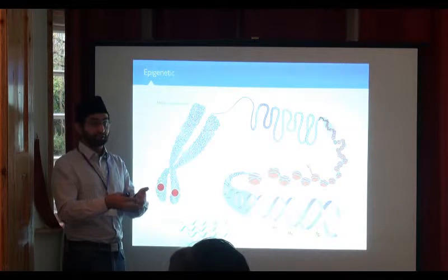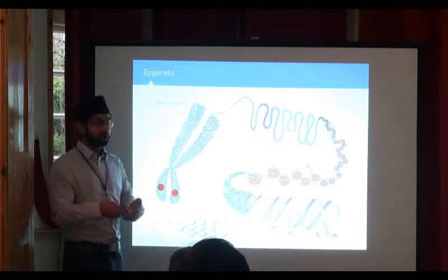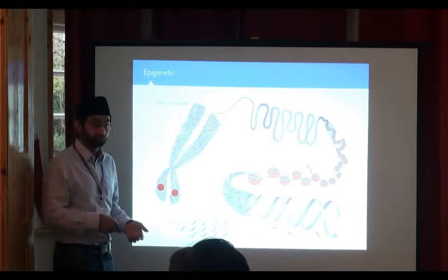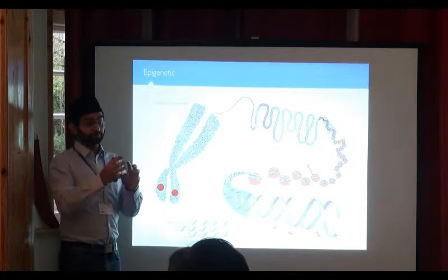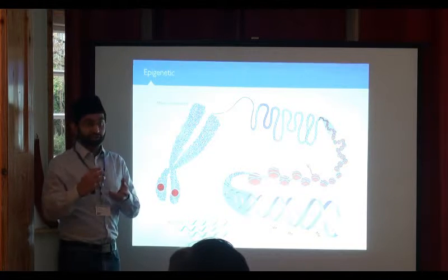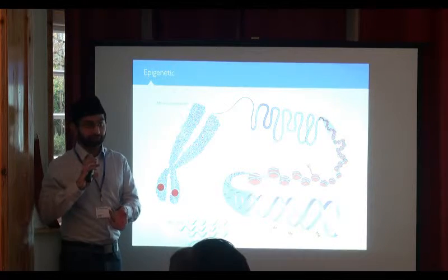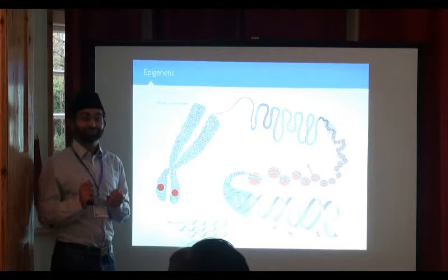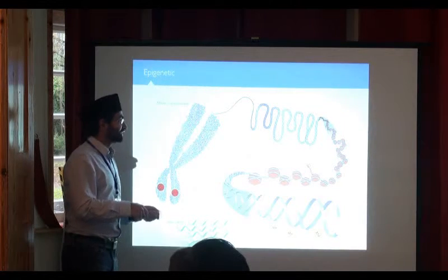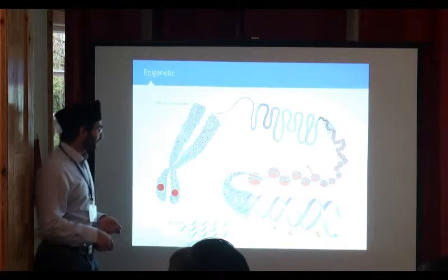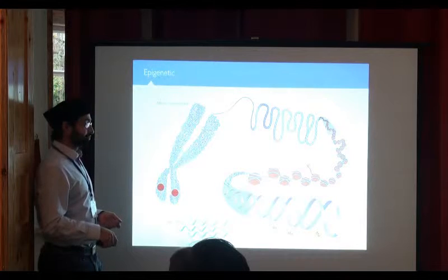So every single cell in your body has the same building blocks, but due to things called histones, different building blocks are active in different cells in different combinations, right? But in addition to those histones, we also have something else, which is methylations.